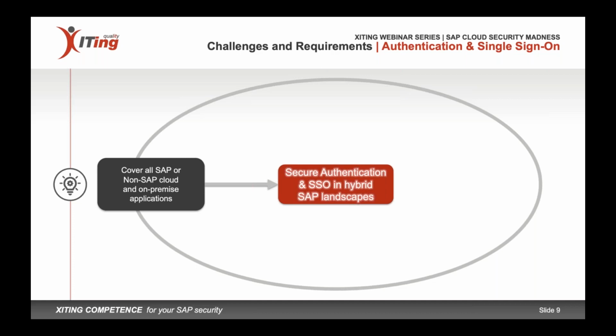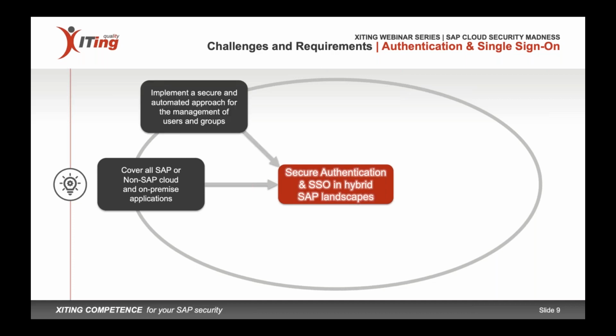You should try to cover as many of your applications as possible. And if you look at the typical requirements, it's often to implement, in the best case, an automated approach for how you manage your users and your groups in your applications. That's, for example, the identity management topic.